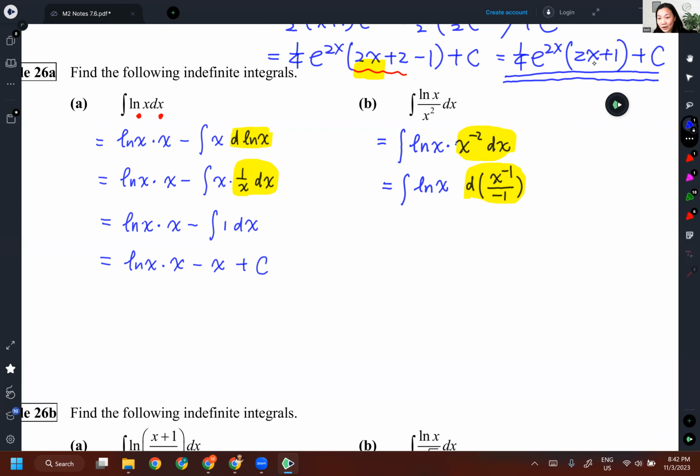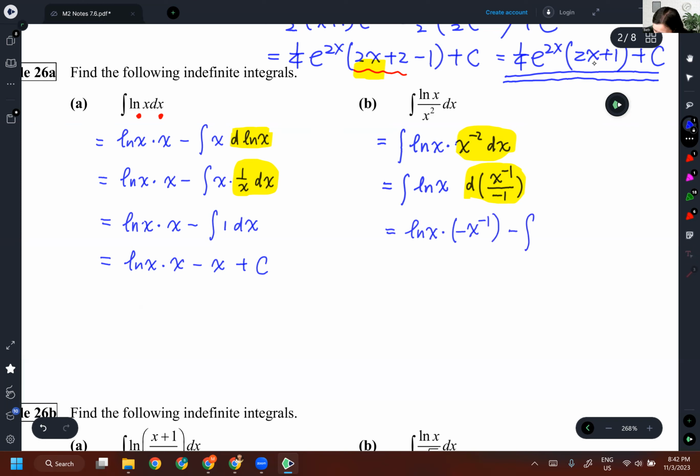Okay. Now I'm ready to do the integration by parts because that's u v. This one I'll just write negative x negative 1 minus v du. uv minus v du.